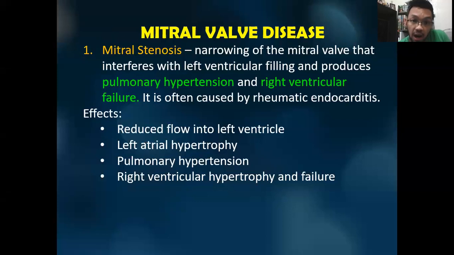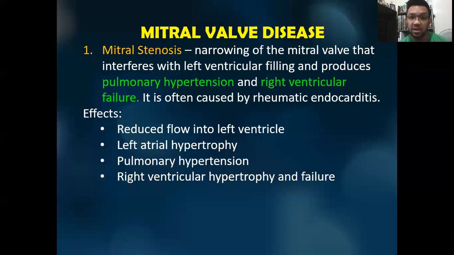If there is a narrowing of this, the blood that is supposed to go down the ventricle will go back to the pulmonary veins, causing now pulmonary hypertension. And of course, if that happens, blood is going to further go back, causing now right ventricular failure.